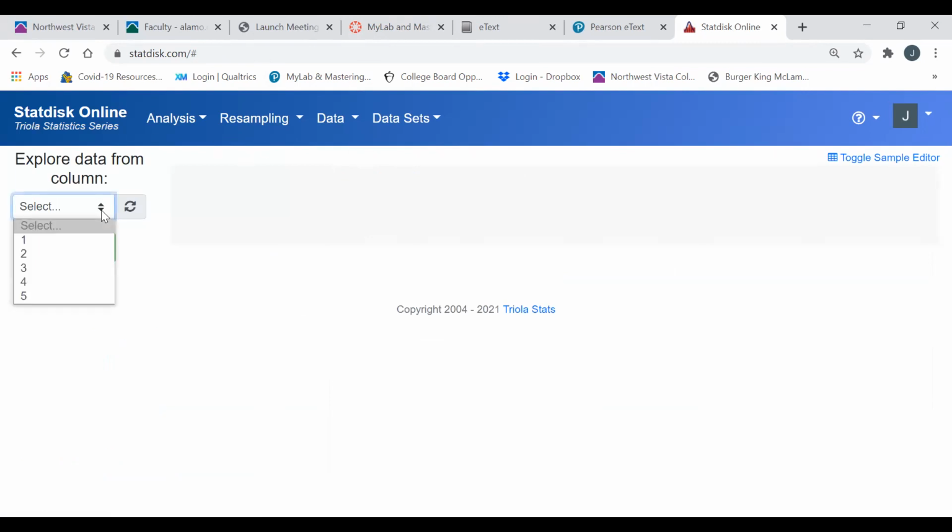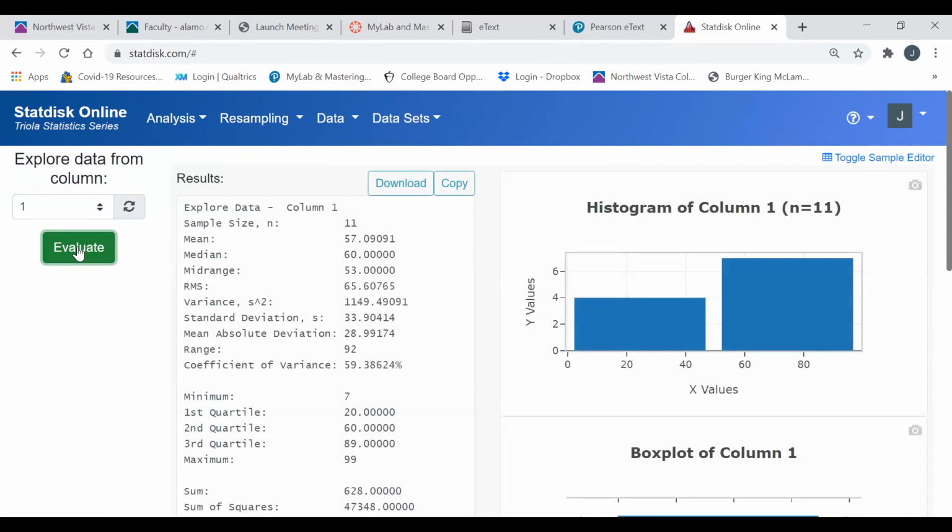You're going to choose number 1, and then you evaluate. And voila! Notice that StatDisk gives you pretty much all of our answers. Look, it gives you the mean, the median, the mid-range, the variance, and the standard deviation.